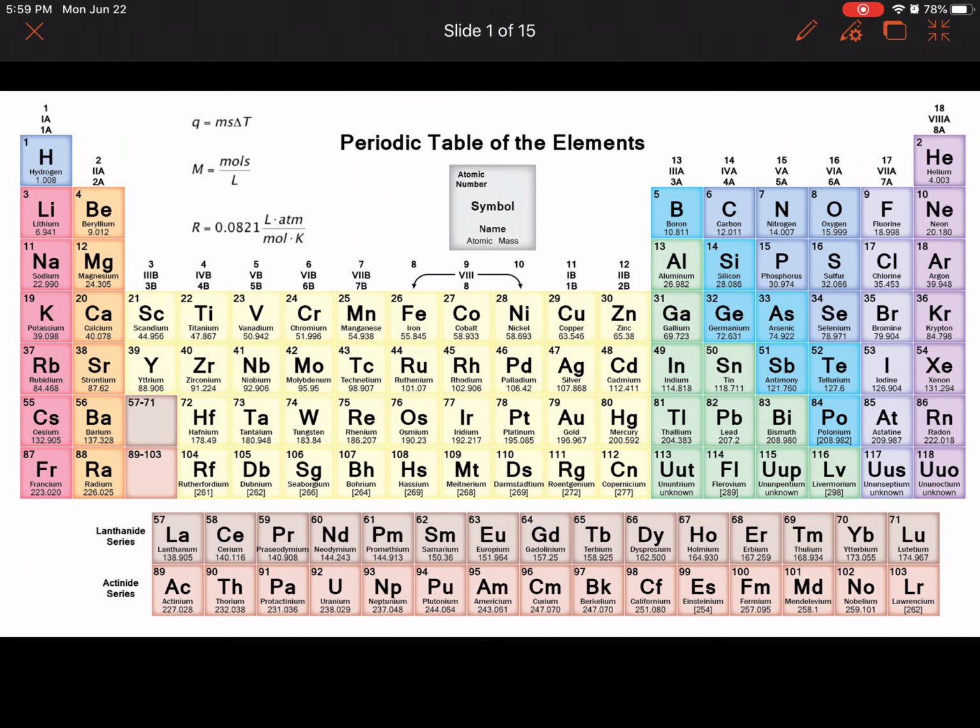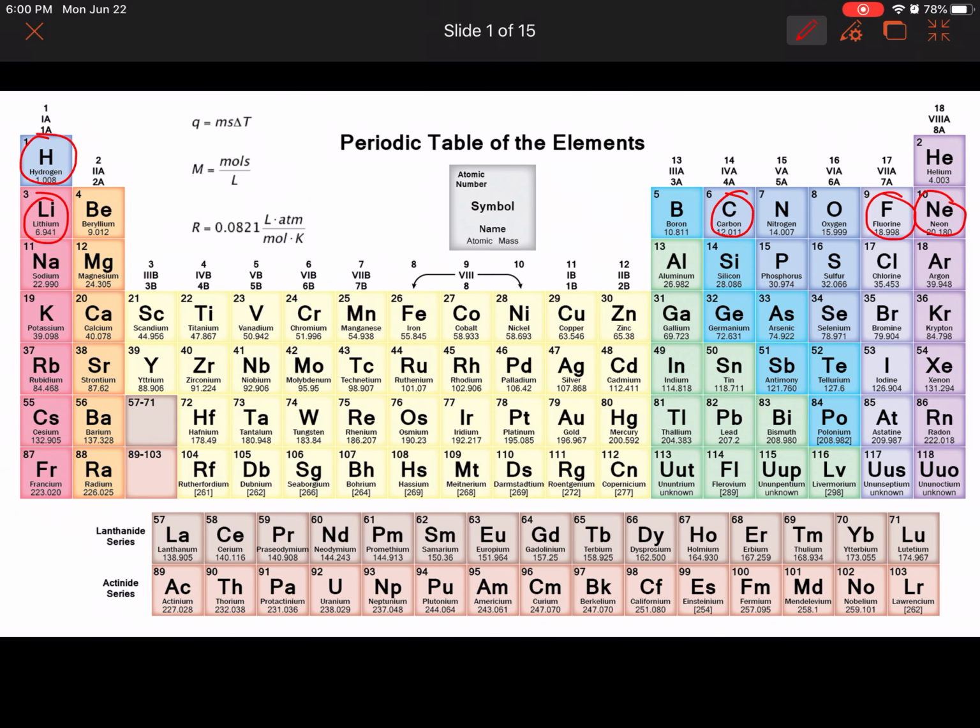We have fluorine, we all know where fluorine is, and we have neon, carbon, hydrogen, lithium. It's asking: select the element with the most negative electron affinity, accepts an electron most readily. Which one do you think?